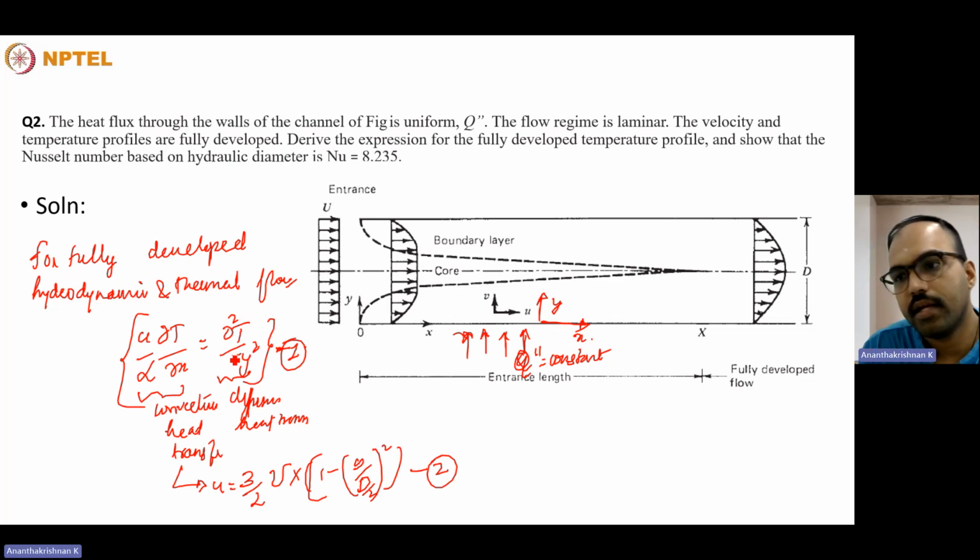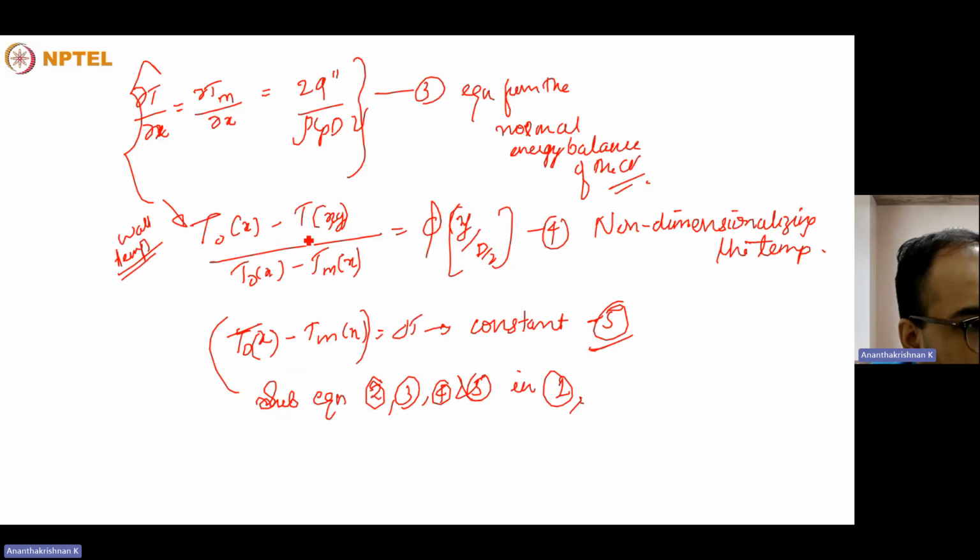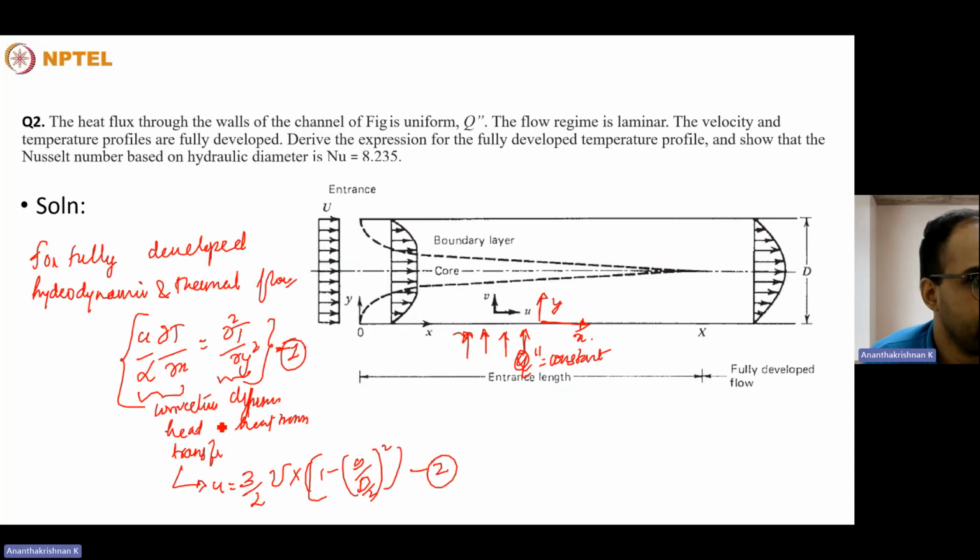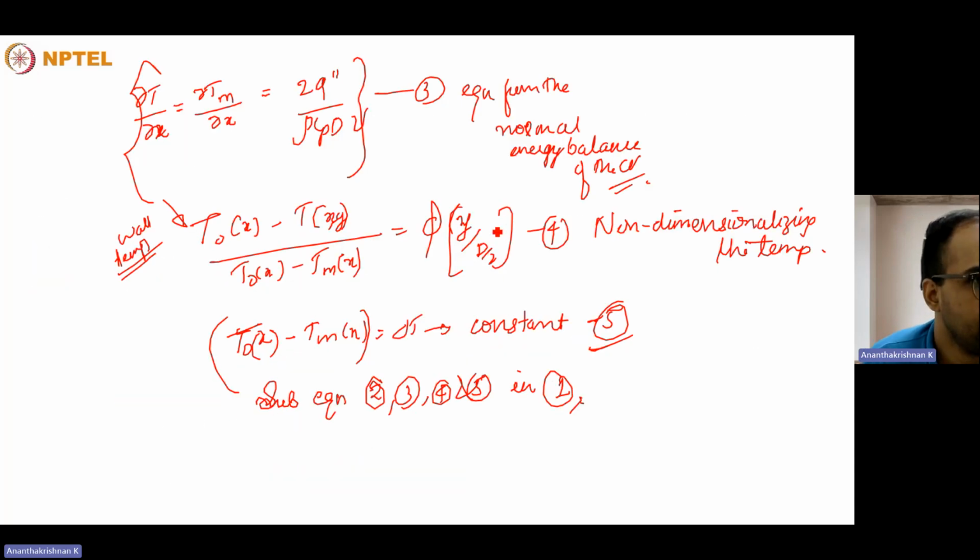So what we could write is that dou t by dou x could be written in terms of the most important parameters, in terms of delta t, and the axial variation will be as such with x.